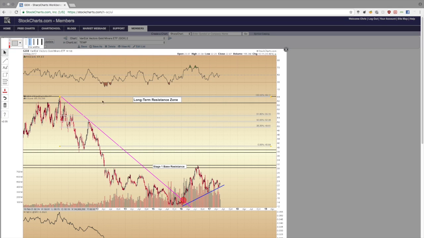You connect the absolute high, and let's extend that over to the right to make it pretty, and you connect the absolute low of an entire bull or bear market. I find that these tools are most important for major advances.